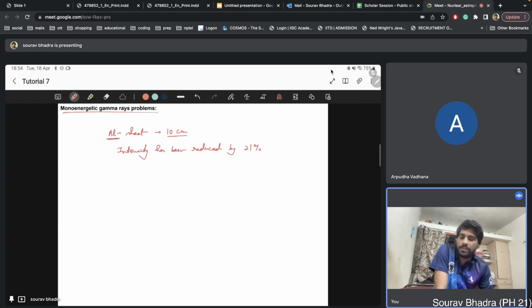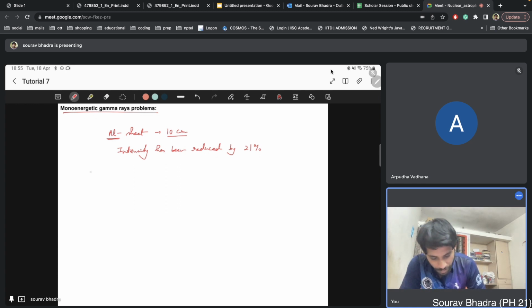By calculating these absorption coefficient values, we can determine what should be the minimum thickness of the backing material, so that instead of 79 we can get 99 of the gamma rays which have been produced. So that's why I thought this problem is important.